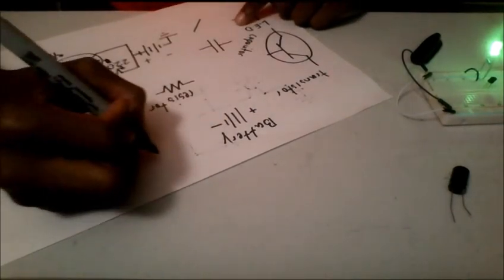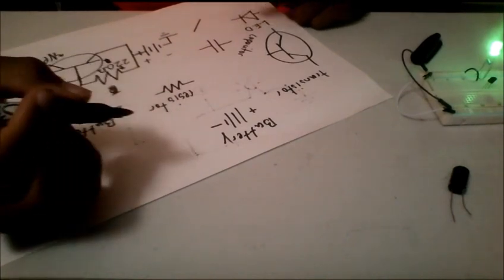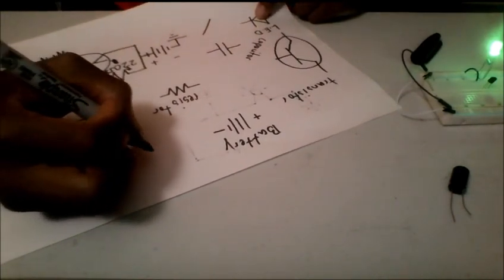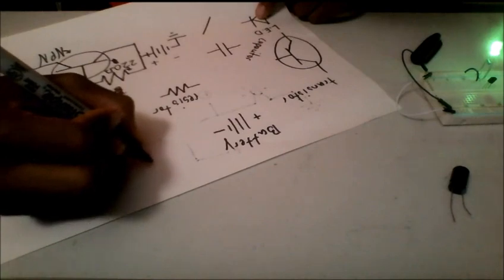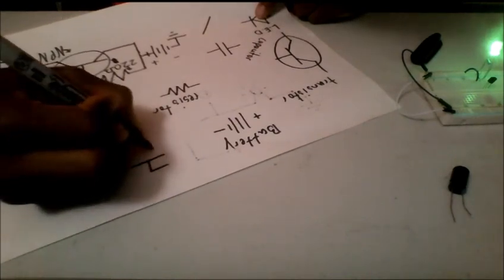And ground, or just like the universal negative, looks like this. It's usually abbreviated as GND.